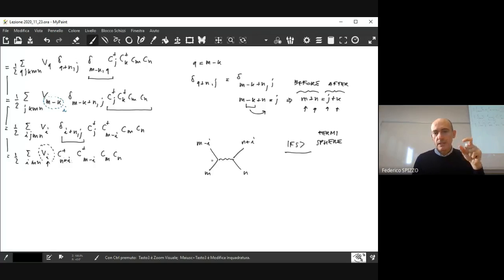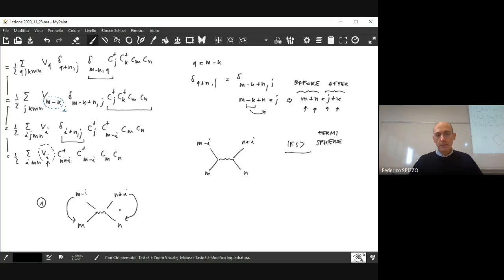So the request is that the Fermi sphere has to be stable due to that kind of interaction. Then we have two possible situations. Situation one: you have electron m and electron n, the interaction, level m minus I and level n plus I. Level m minus I has to be equal to m, level n plus I has to be equal to n.